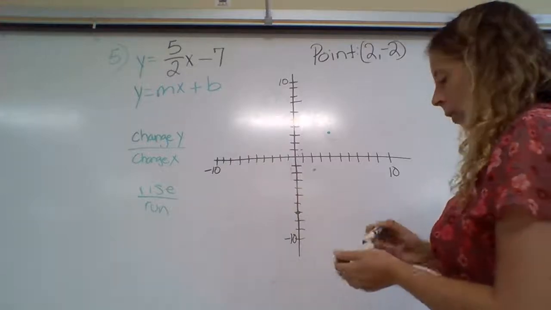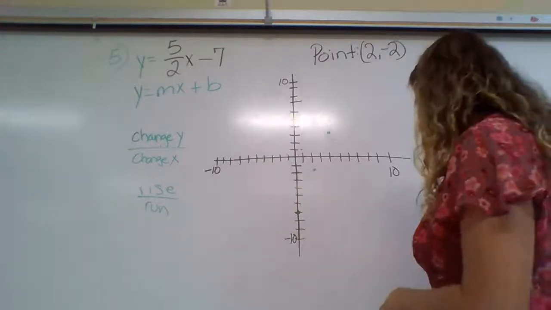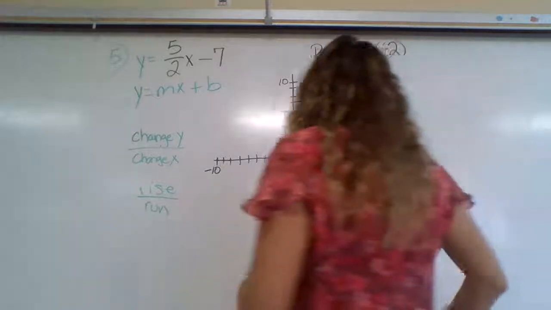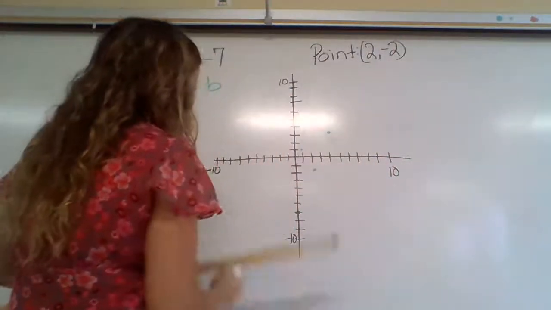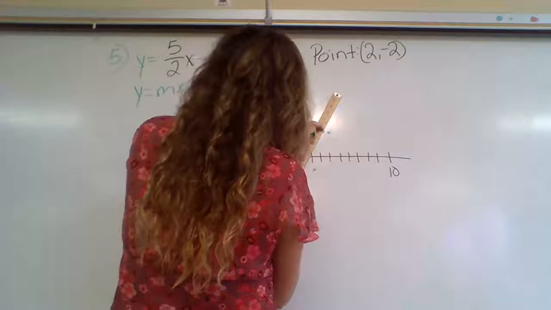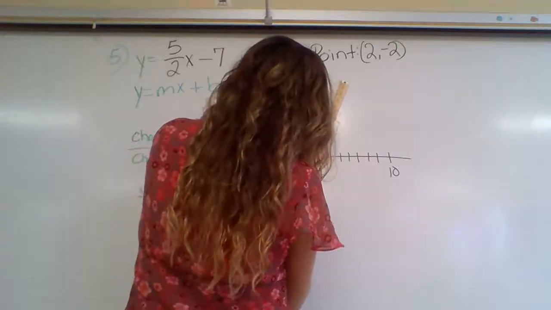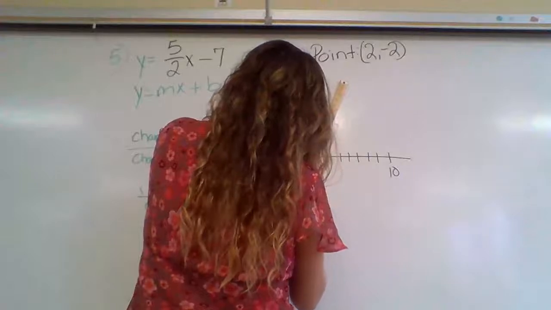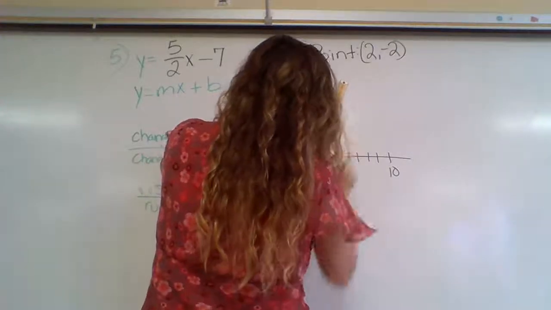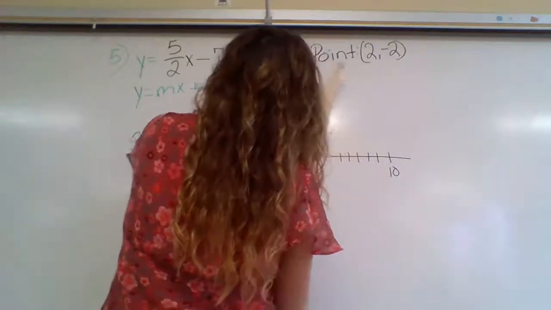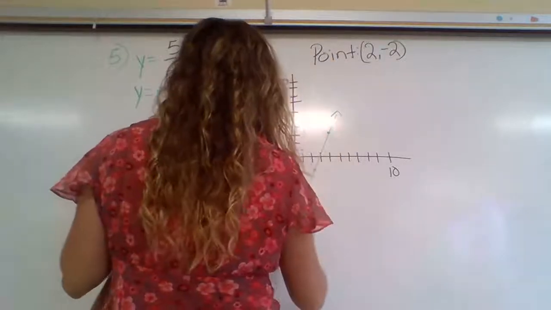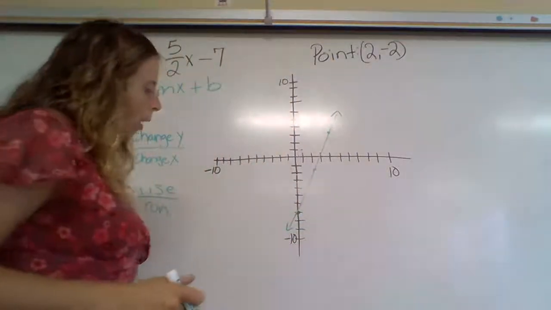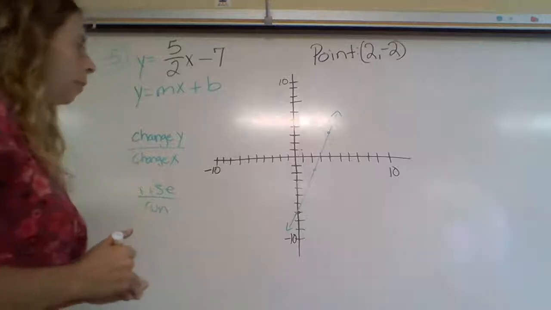We'll see if we need to plot more points. I'm going to connect our little dots. Oh, no, we'll be fine. And it really continues on forever in both directions.